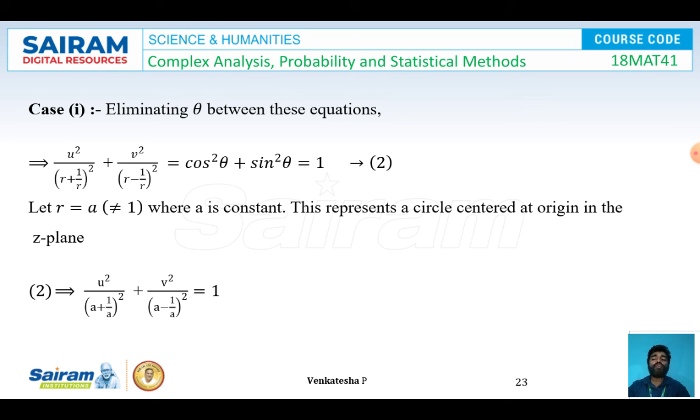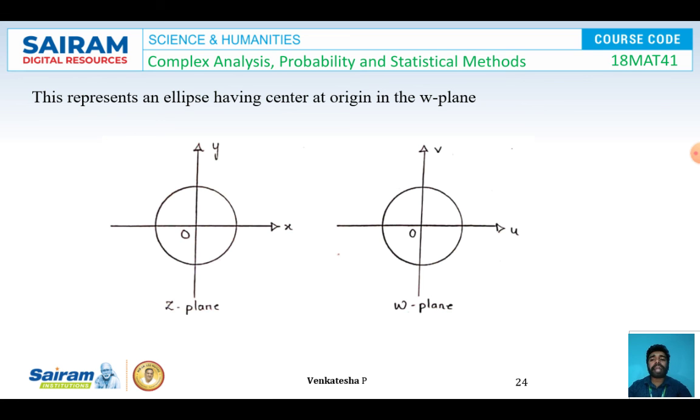After replacing r is equal to a, I got the equation u square by a plus 1 by a whole square plus v square by a minus 1 by a whole square is equal to 1, which is an ellipse in the w plane having the center at origin. So the circle in the z plane has been transformed into an ellipse in the w plane.